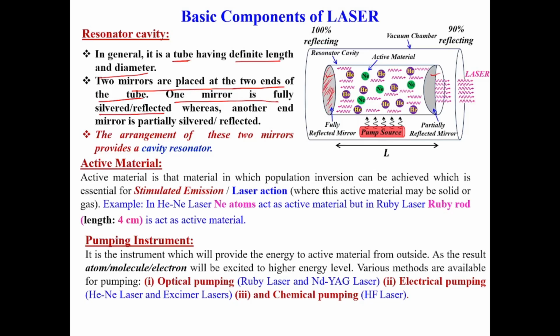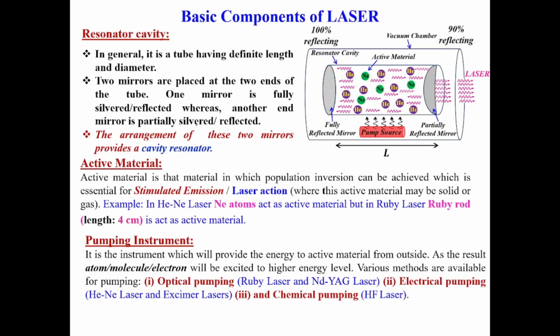But this mirror has 90% reflecting capacity, only 10% transmission capacity. So whatever laser light is formed inside this tube, this mirror will reflect 100%, this mirror will reflect 90%, and only 10% will be transmitted outside of the system.